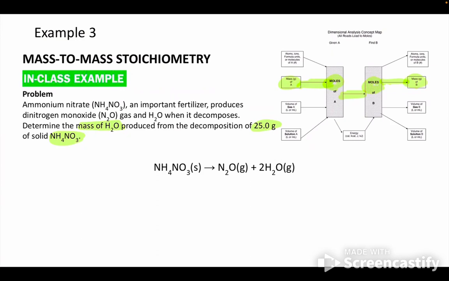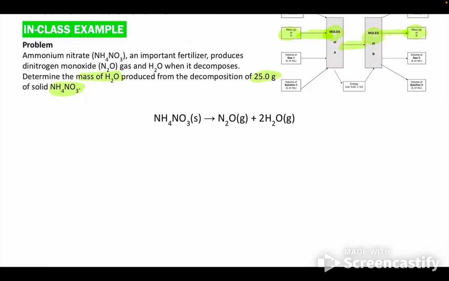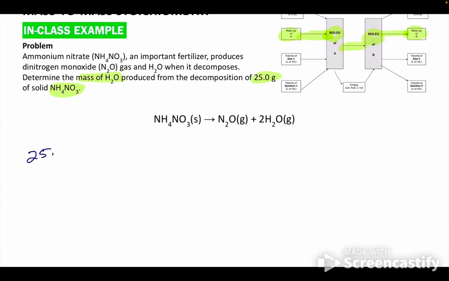So this problem is going to have 3 conversions. So 25 grams of ammonium nitrate, and I know that I'm going to need 3 of these. So sometimes it's helpful to just write those out so you remember that you're going to need to use 3.